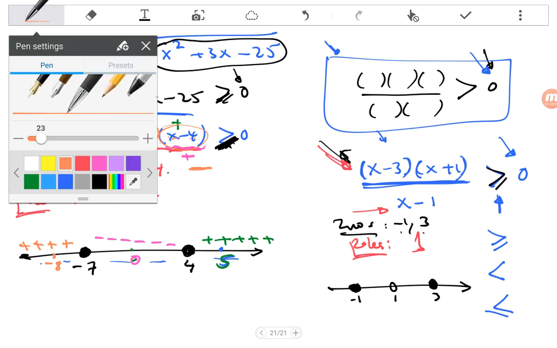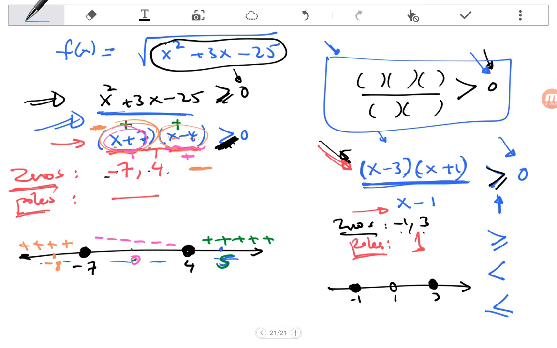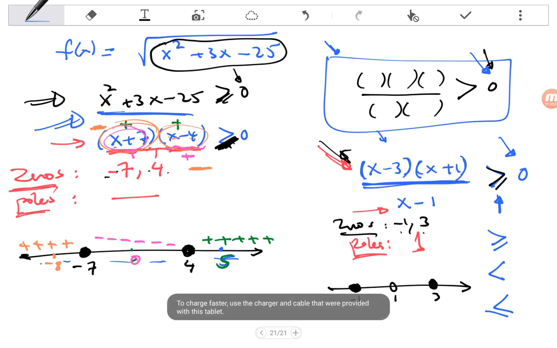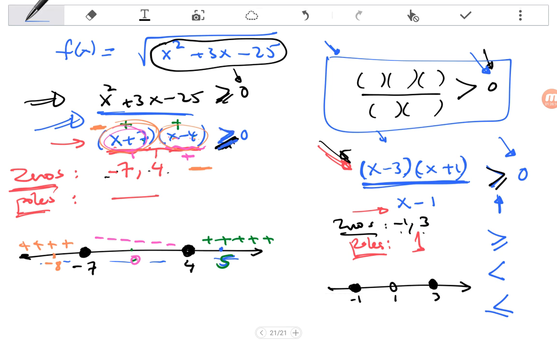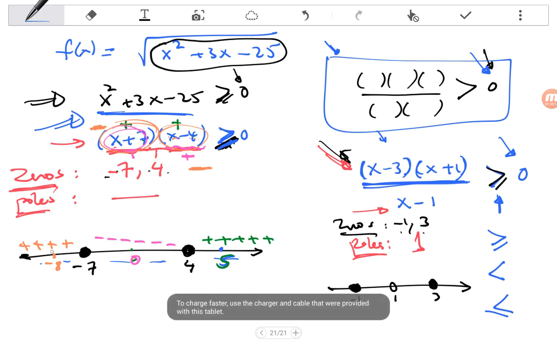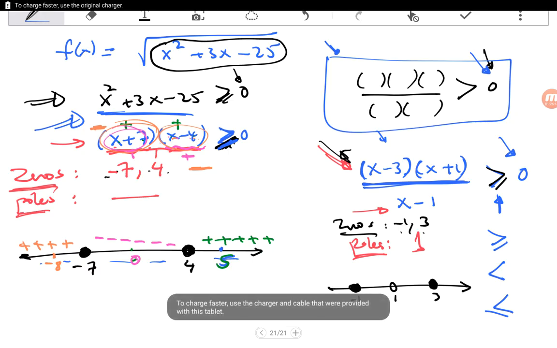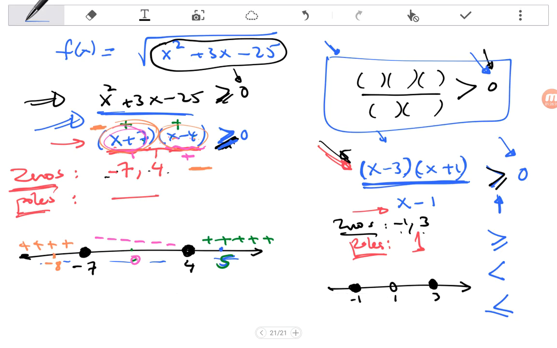Now let's represent the solution of the inequality. We need that expression to be greater than or equal to 0. So we look at the parts of the number line for which there is a positive sign. So what is the solution of this inequality? It will be this or this.